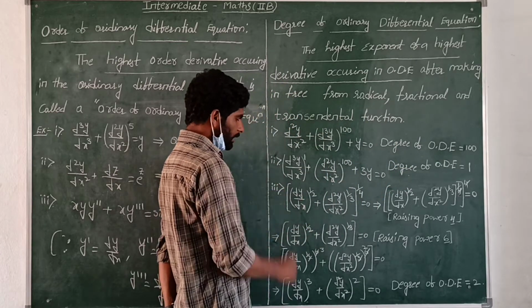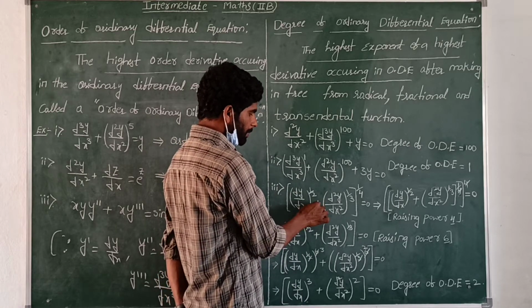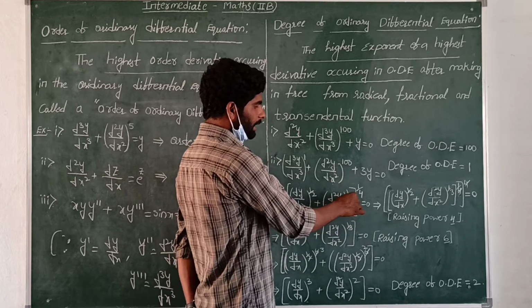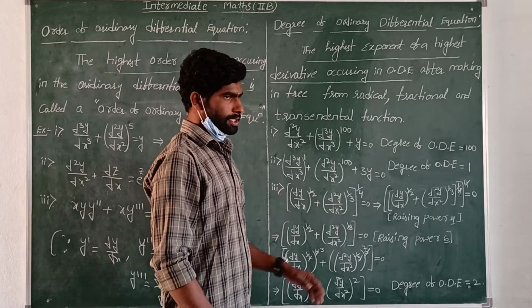Coming to the third example: dy by dx whole to the power of 1 by 2 plus d square y by dx square whole to the power of 1 by 3, again whole to the power of 1 by 4, is equal to 0.